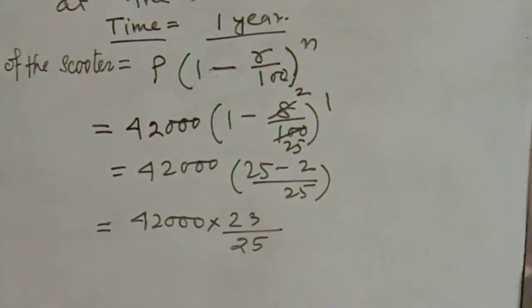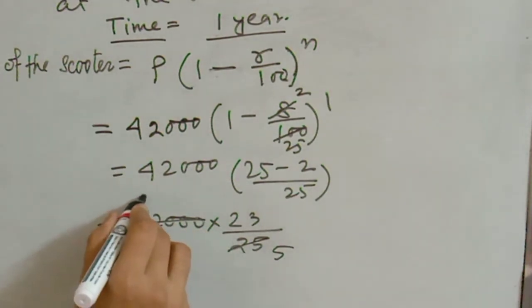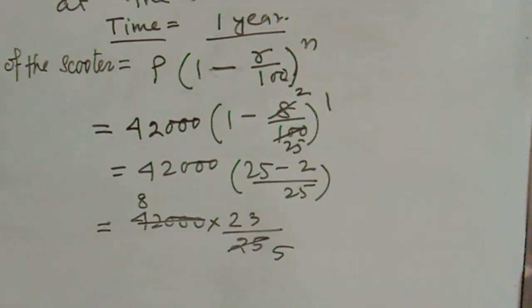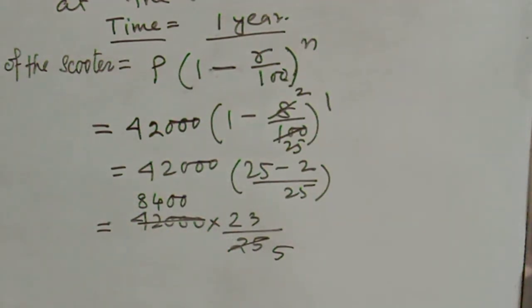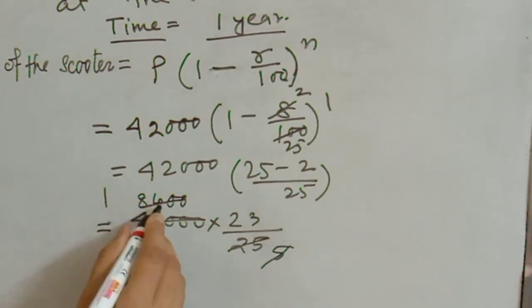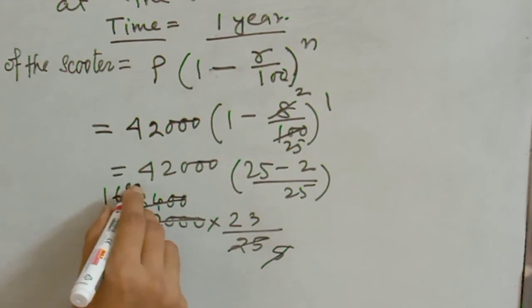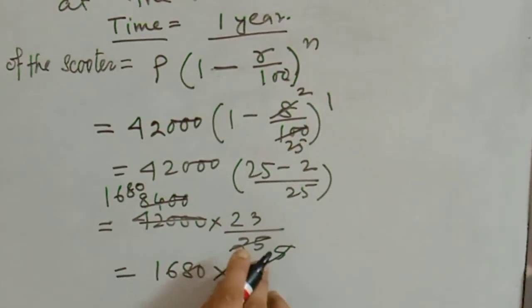Cancel this one, 5 5s are 25, 5 8s are 40, 5 4s are 20, 8400. Again divided by 5, 5 1s are 5, 3 4, 5 6 are 30, 5 8s are 40, 0. So the value is 1680 into 23.